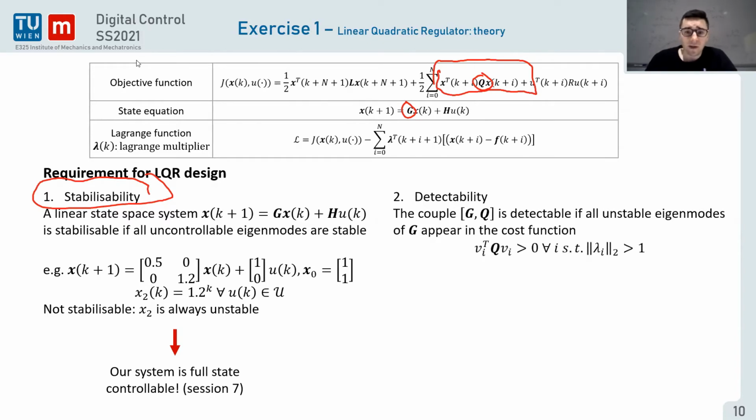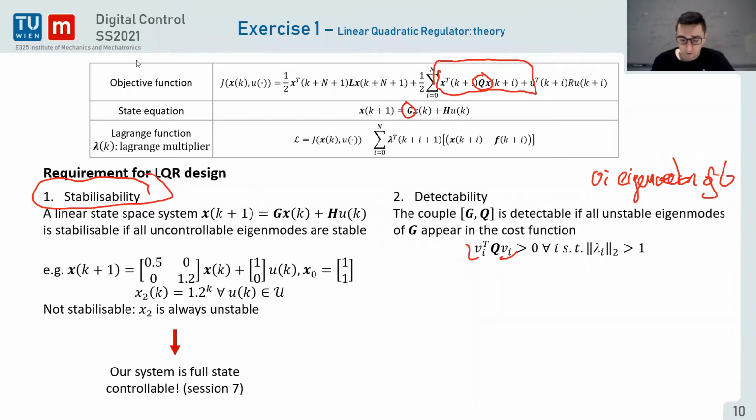And so what that means is that we can take the eigenvectors, so vi here, and vi transpose, where vi are just the eigenvectors of J. What we want is that vi transpose Q vi is bigger than 0, which strictly speaking means that each eigenvector that corresponds to an unstable eigenmode has to appear in the cost function, so it has to be non-zero.